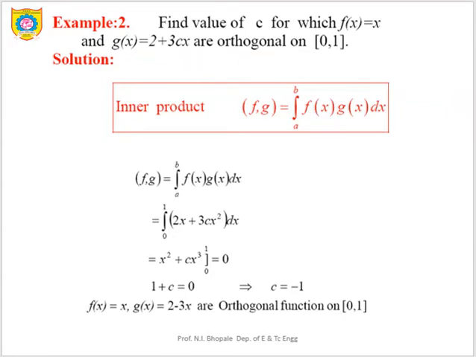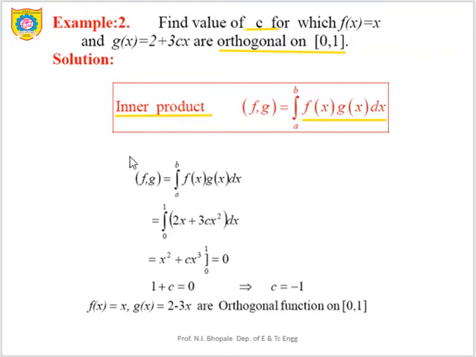We need to concentrate on this simple case: it is provided that f(x) and g(x) are orthogonal, so their inner product, the integral of f(x) g(x) dx, will be equal to 0.